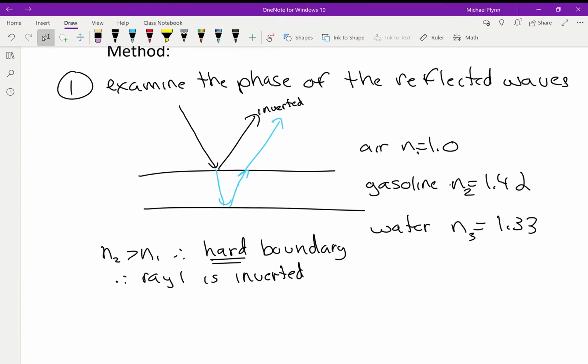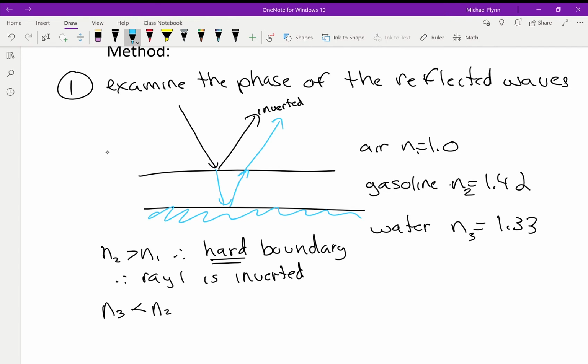So here, the gasoline, N3 is less than N2. So in other words, the water is less optically dense than the gas. Okay? So remember, we have air on top, gas, and then we have, you can color it blue down here, is water underneath it, on the wet pavement.